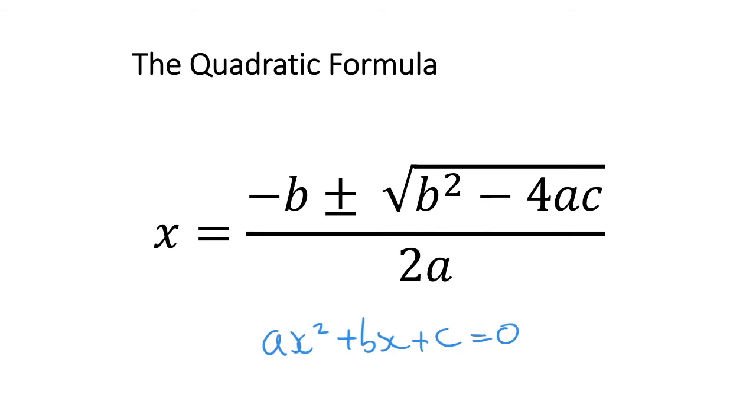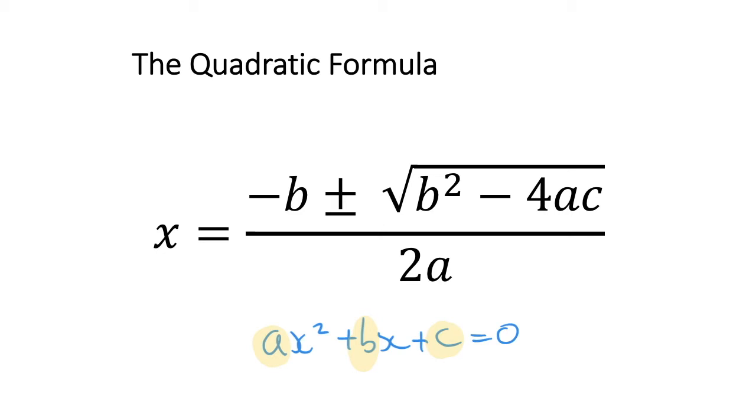Your a value is the value in front of the x squared. Your b value is the value in front of x. And your c is the standalone value without an x variable. Once you have identified those values, you substitute them into the quadratic formula.